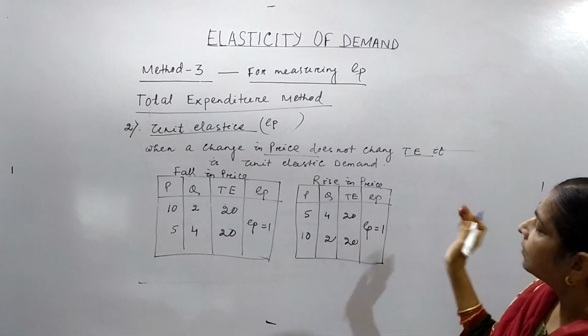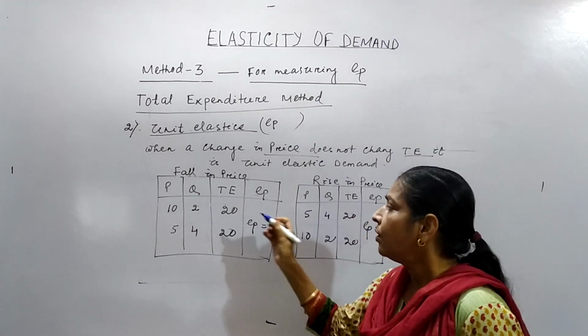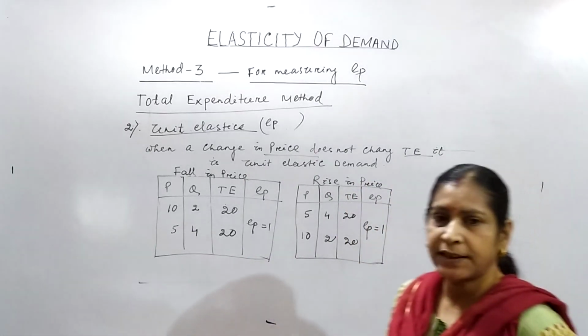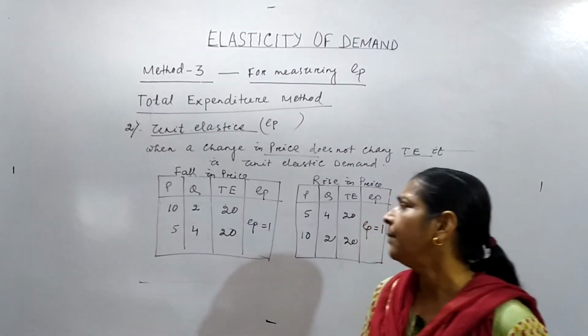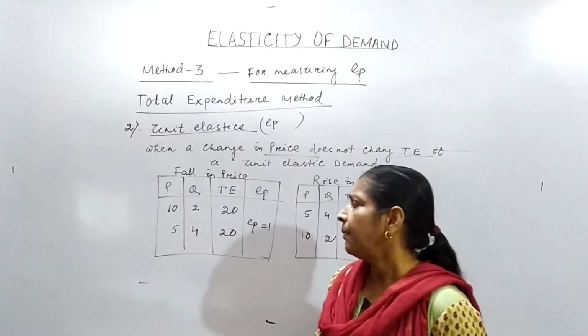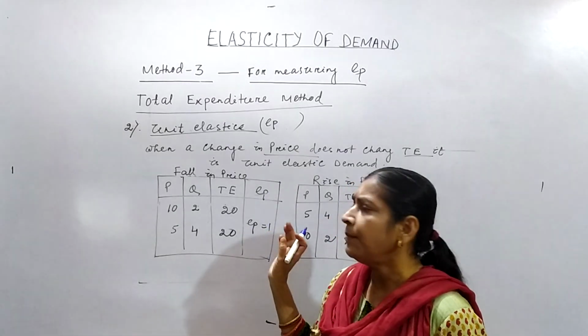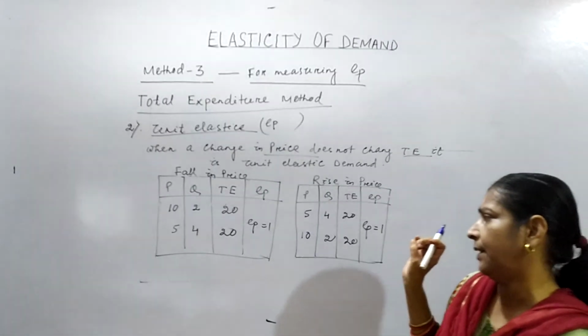So the trick is here with a fall or rise in price. Suppose the initial price was rupees 10, in which case the quantity demanded is 2 units. With a fall in price to rupees 5, total expenditure remains same. So what will be the value of elasticity in this case?